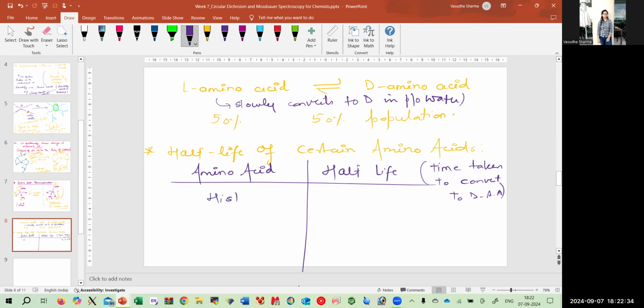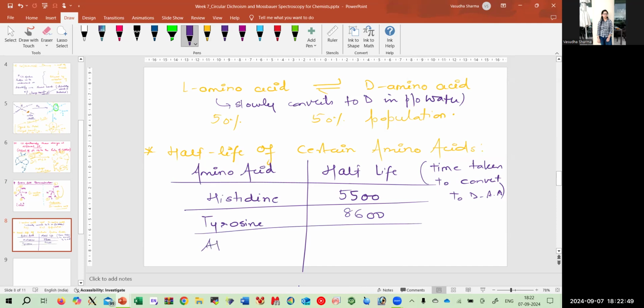Histidine, if we have, that has the lesser half-life compared to tyrosine, then alanine and valine.